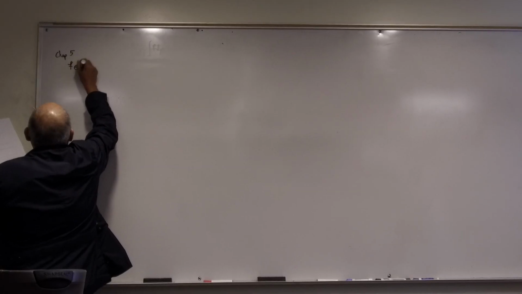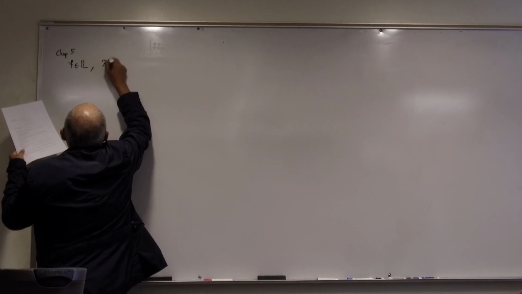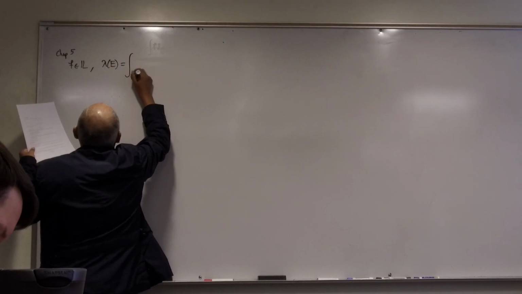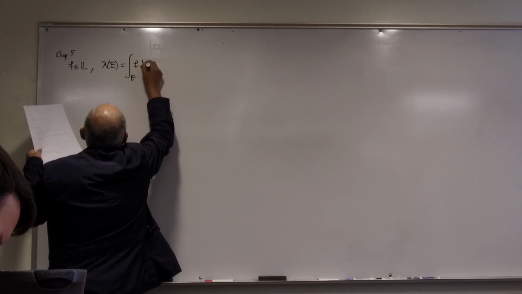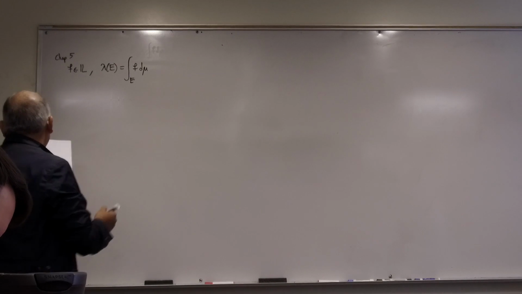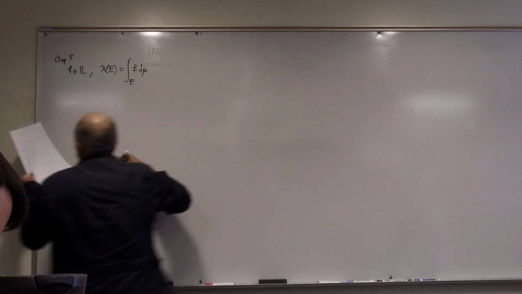If f is in L1, I'm just going to abbreviate it, and lambda of E we'll define as the integral over E of f d mu. That can be positive or negative, because f can be positive or negative or both, where E is an element in the sigma algebra.